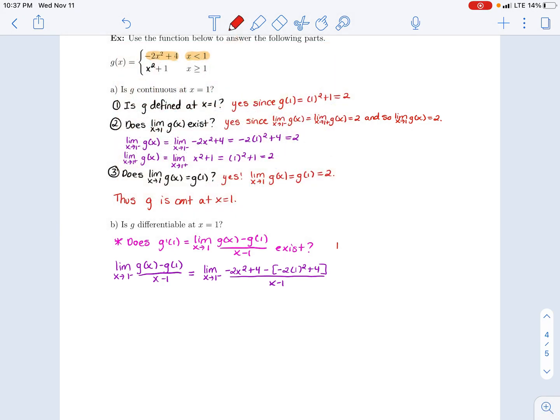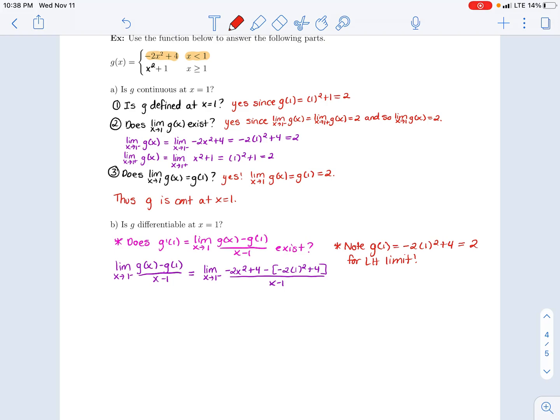Over here I'll just note that g of 1 is equal to 2 for the left-hand limit.